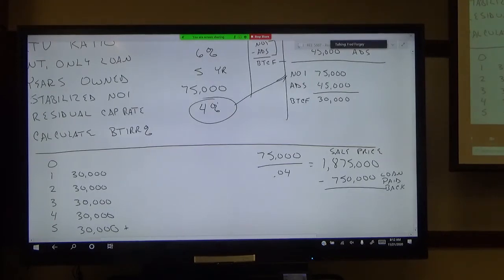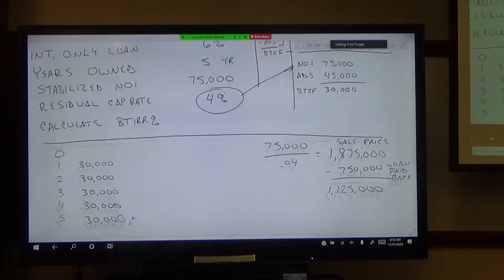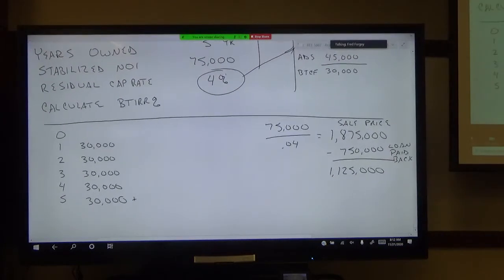So that leaves us with $1,125,000 as the money that we will be getting as part of the reversion, on a before tax basis. Does everybody see that? Yes or no?